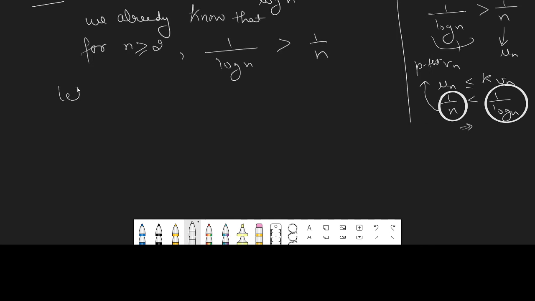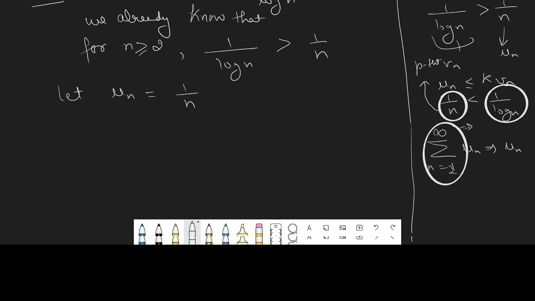So let un be 1 by n. Here, if we are representing the series from 2 to infinity, un we can also write like that. It is not always necessary to write the summation sign. So here we are talking about the series the whole time, where vn is representing the summation n equals 2 to infinity 1 by log n.